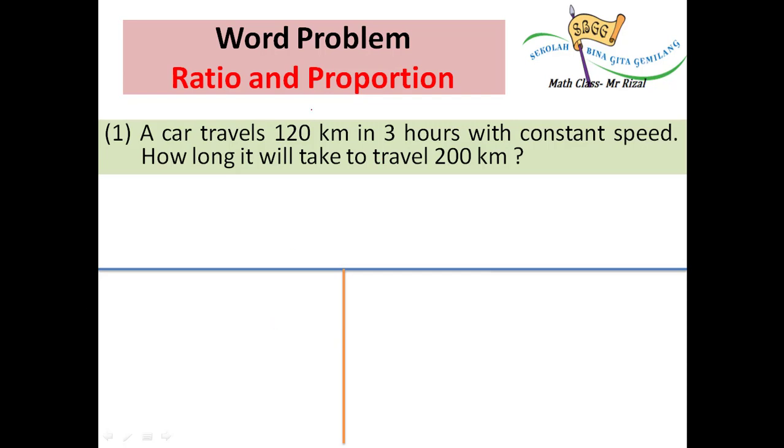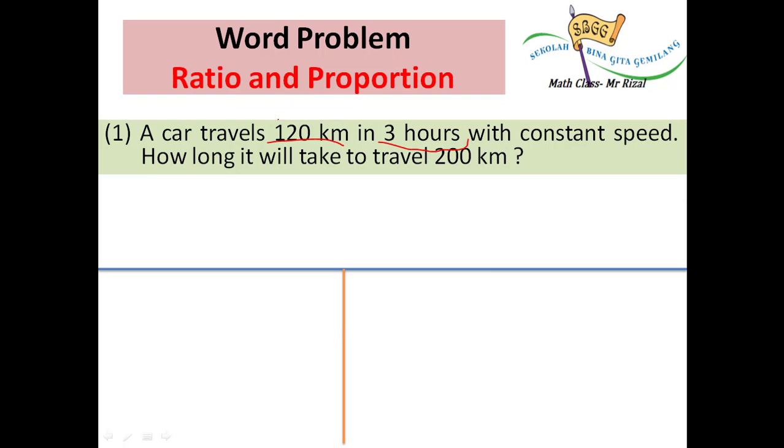Okay. When doing ratio, you must be careful about labels. What should you label? Here there is 120 kilometers and 3 hours. You may label it with the name that you like, but my suggestion is to make it common.